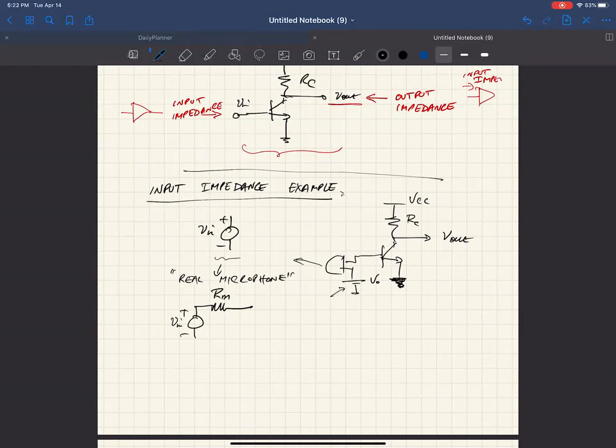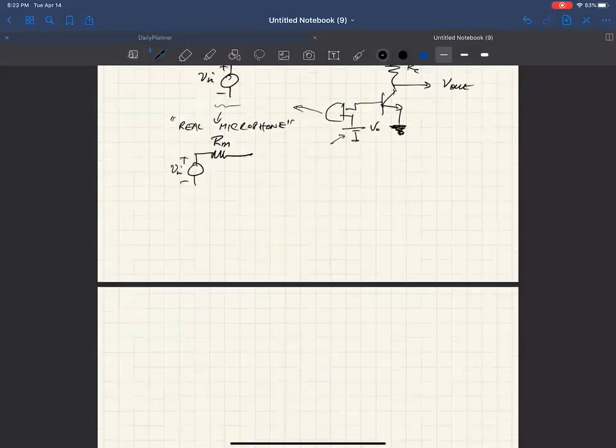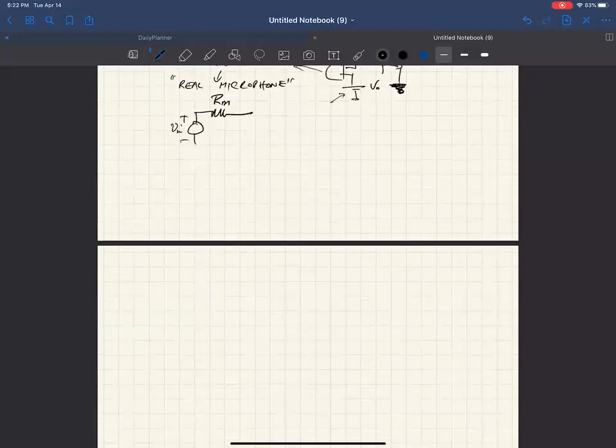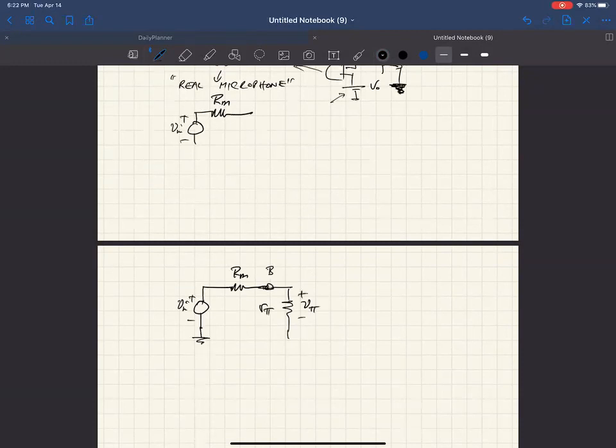Let's call it R sub m for microphone resistance. So if I put that in this small signal circuit, you'd end up with Vm plus or minus. It would go through this resistance of the microphone, then you'd be at the base, then you'd see the R sub pi.